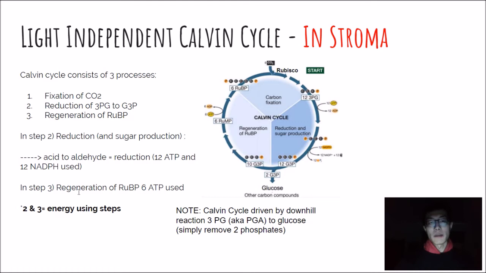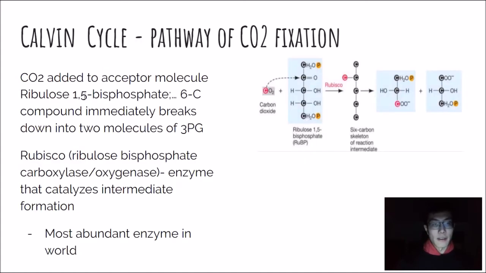Then in step 3, we use 6 ATP to reform RuBP. We take these G3P molecules and use them to reform RuBP, or ribulose 1,5-bisphosphate, the initial acceptor molecule of the Calvin cycle. Hence, we reform the cycle.